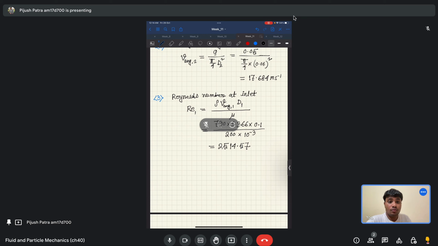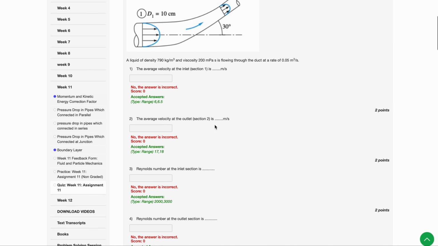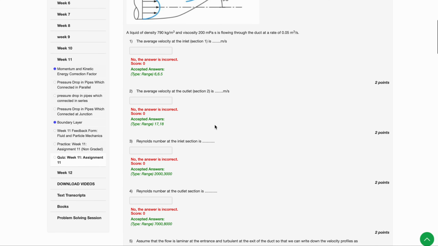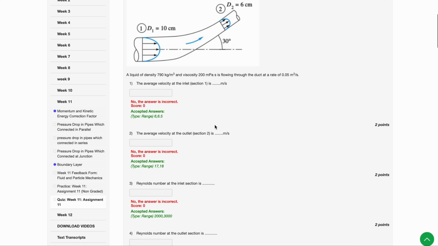Let me go back to the problem. The Reynolds number at section 1 is in between 2000 to 3000. Now I have to get the Reynolds number at section 2.